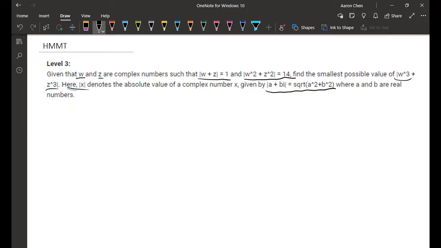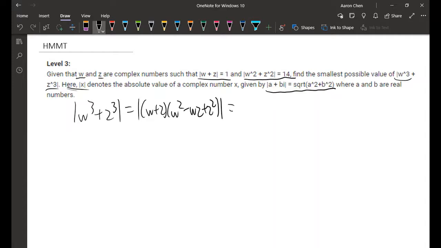So now, first what we want to do is basically simplify the magnitude of w cubed plus z cubed. What we do first is factor w cubed plus z cubed into w plus z times w squared minus wz plus z squared.